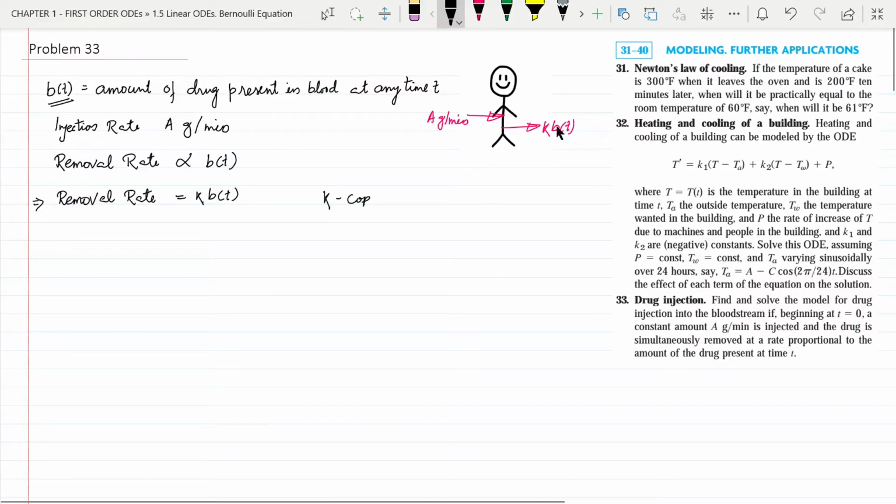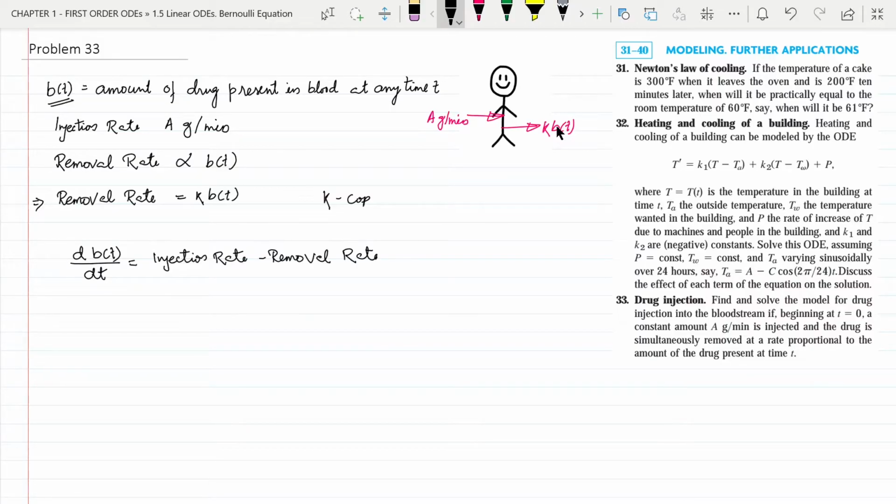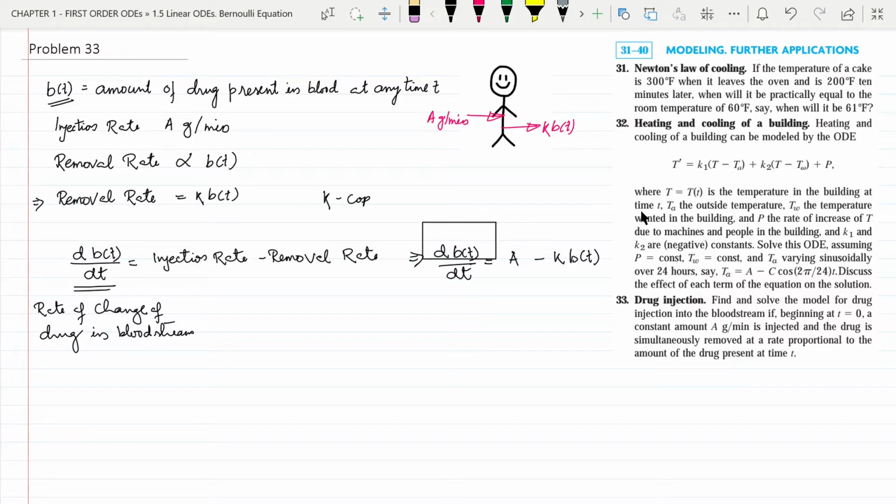So from this we can say the rate of change of drug in the bloodstream, that is dB of t by dt, equals injection rate minus removal rate. So we can write dB of t by dt equal to a minus K B of t, and this is the differential equation or the model for drug injection into the bloodstream.